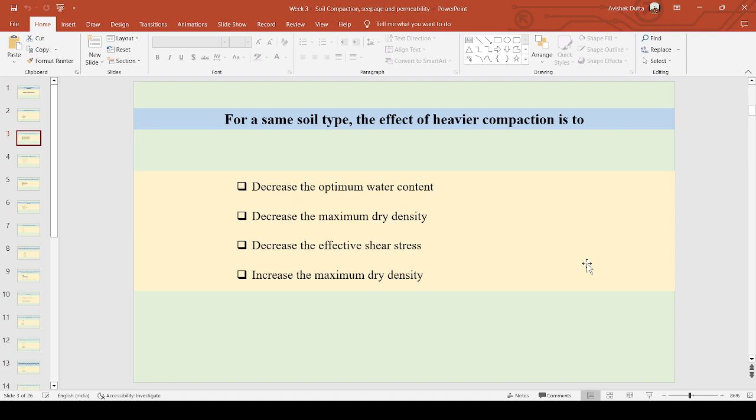What is the effect of heavier compaction on a soil?